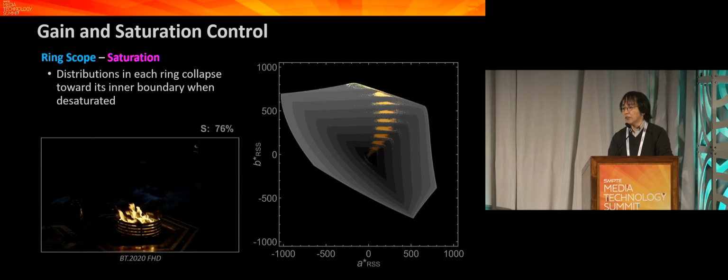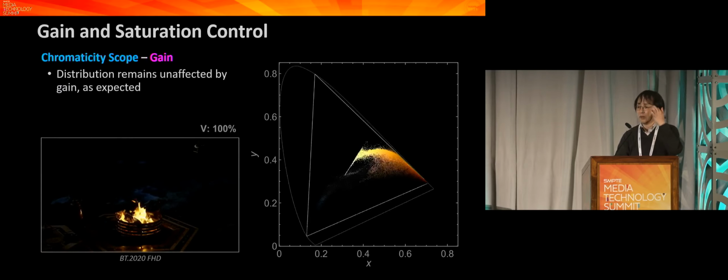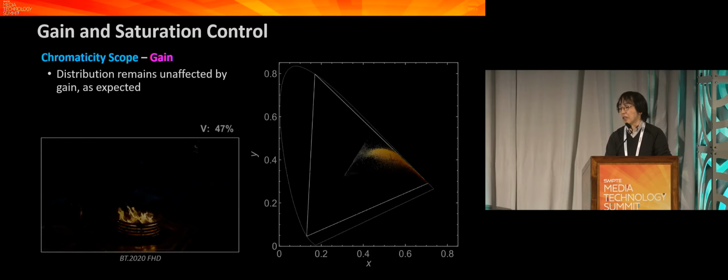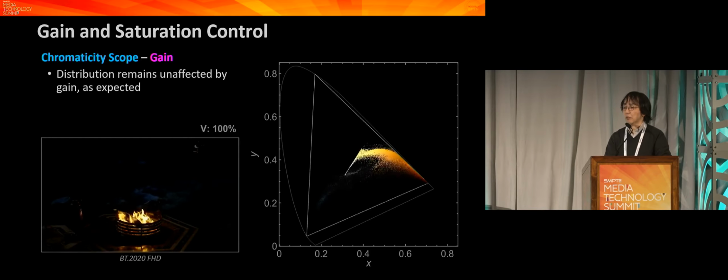Now the distribution in each ring curves toward its inner boundary when desaturated. The colors on each ring go to the inner boundary. In the chromaticity scope, the distribution remained unchanged by gain, as expected, because chromaticity diagrams lack the luminance and lightness axis.